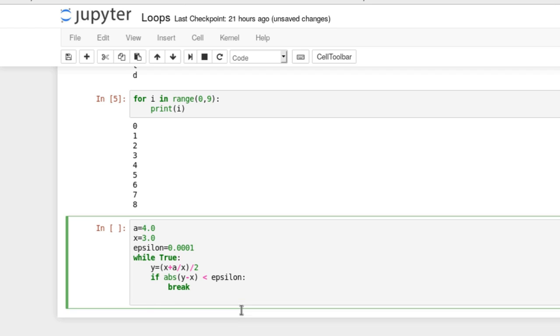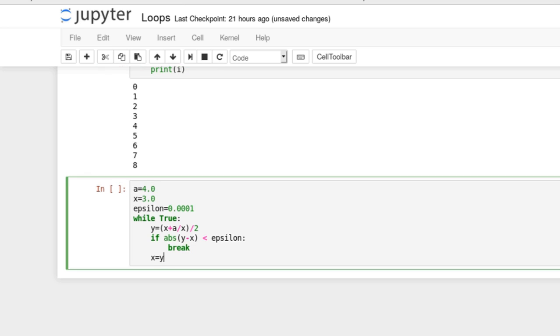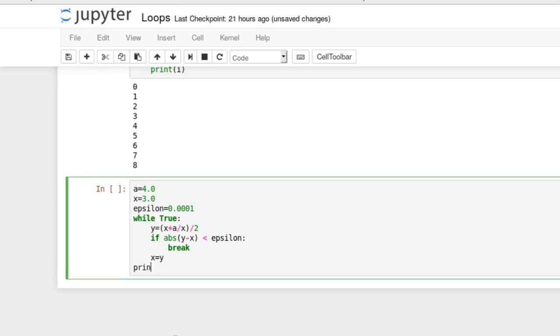If that is not the case, you need to assign x equal to y, then you need to continue this, you will be finding y, then you will be again taking the difference and checking whether the difference is less than epsilon, likewise. When you exit from the loop, the condition is the difference is very small. So, if you exit from the loop, you will be printing the value of y.